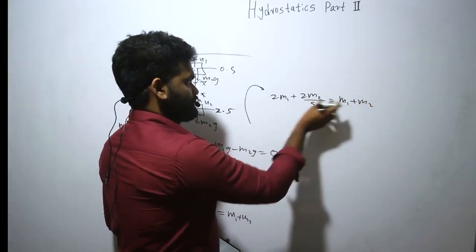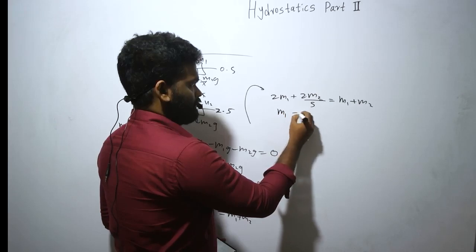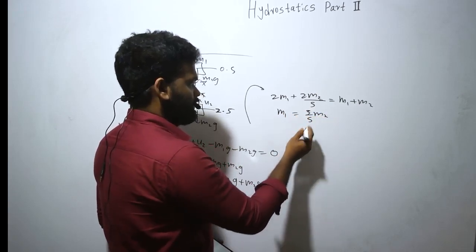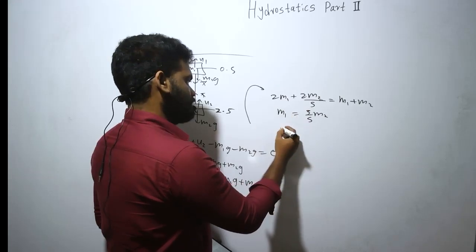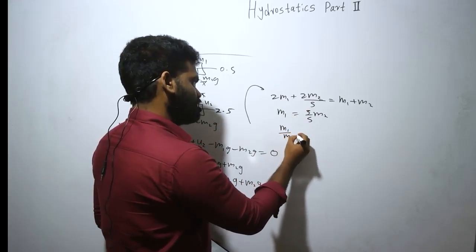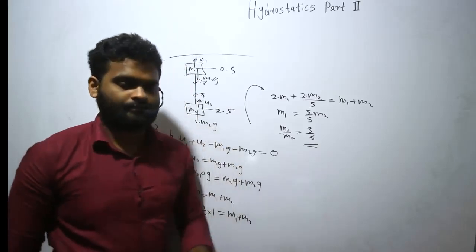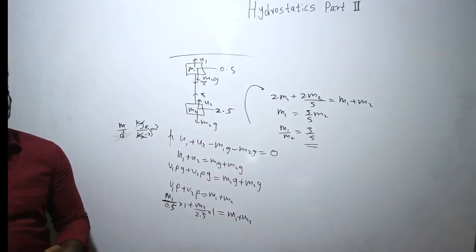Then subtract M1, and we get M1 equals 3 over 5 M2. Then cross multiply: M1 over M2 is equal to 3 over 5.